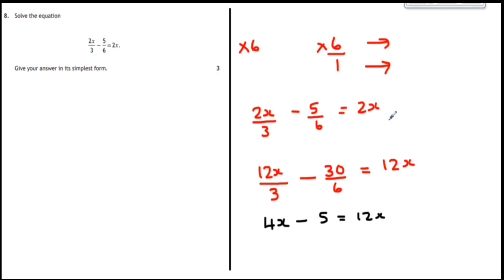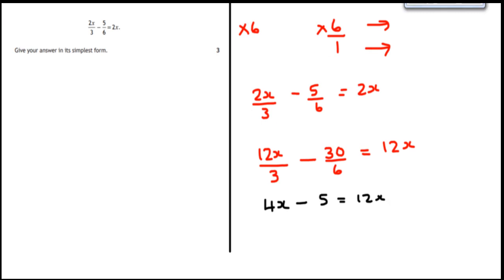Now I want to gather all the x's to one side and all the numbers to the other side. I have 12x on the right hand side and 4x on the left hand side, so I'm going to take 4x away from both sides. That leaves me with minus 5 is equal to 12x take away 4x, which is 8x.